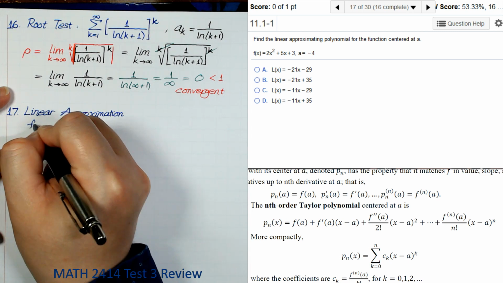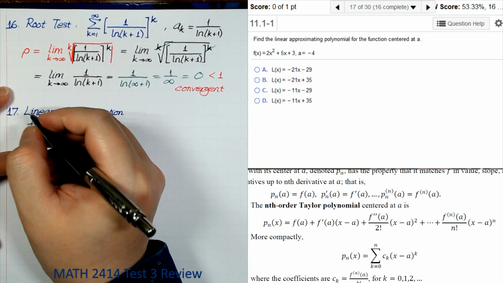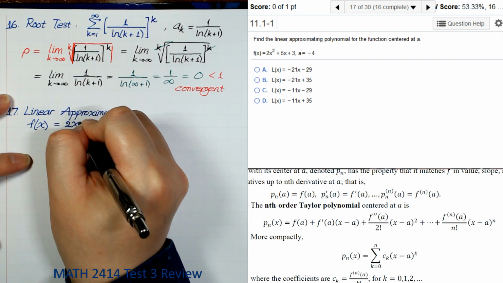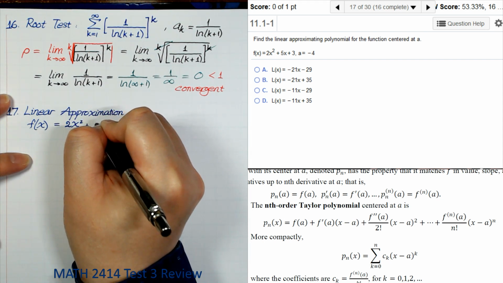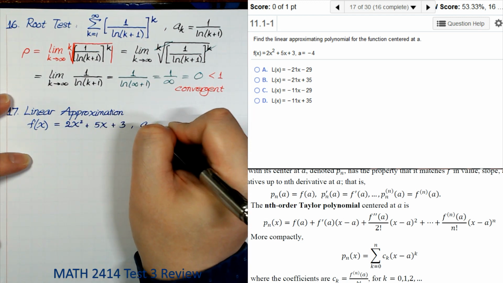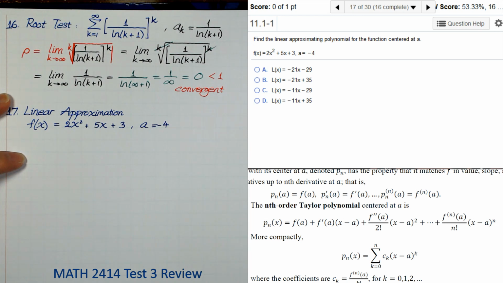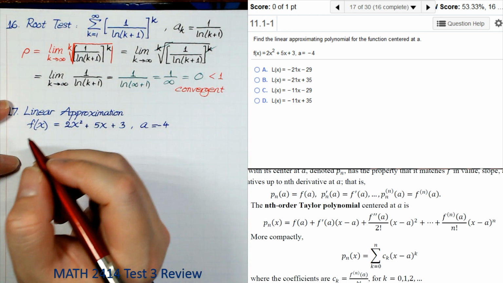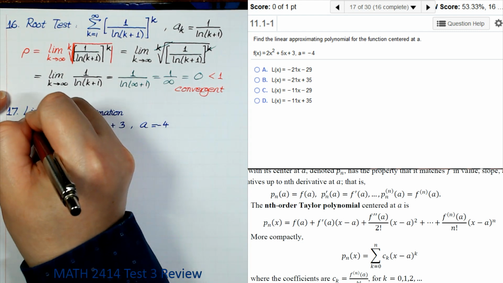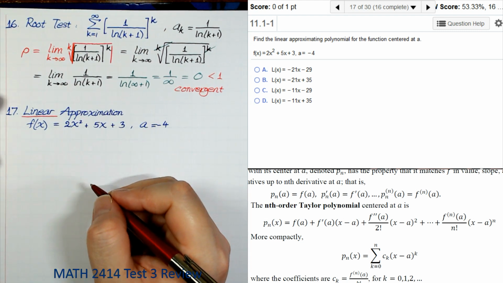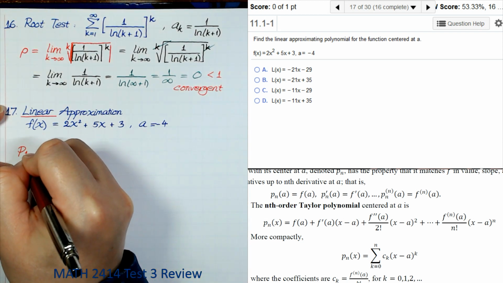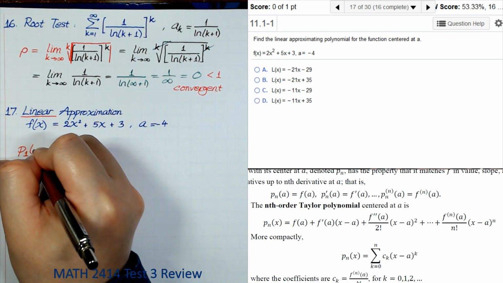Here we have the function equal to 2x squared plus 5x plus 3, and the center at -4. So linear approximation, linear meaning that the power is 1, right? x to the first, meaning P1 of x.